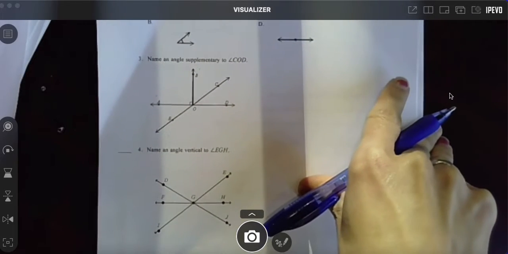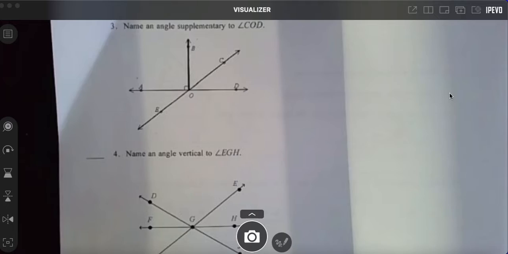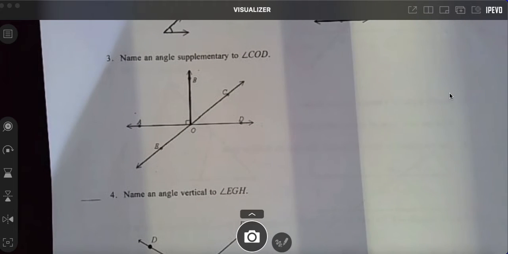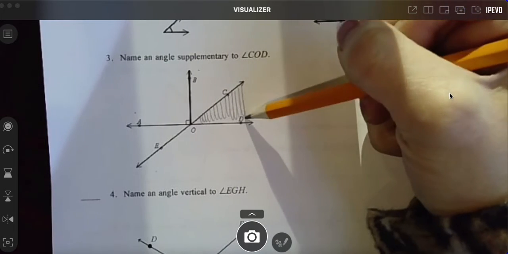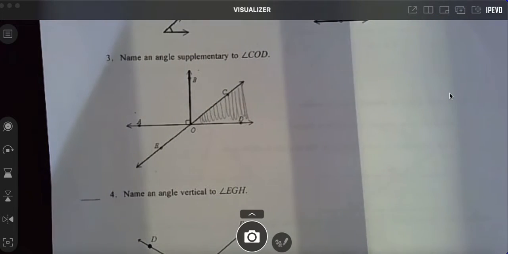Okay. Number 3, I'll zoom in just a little bit. What angle is supplementary to COD? That doesn't mean next to. It doesn't mean across from. It means if I was to put another angle with this angle, which ones would add up to 180? This right here is COD. What's an angle that would make it a straight line?